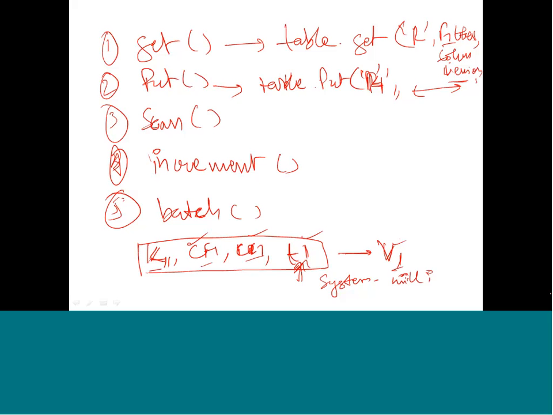Just a quick word about all of these operations. Everything in HBase is stored as a byte array. Whether it's the value, the column family, the column qualifier, the key, everything is stored as a byte array.